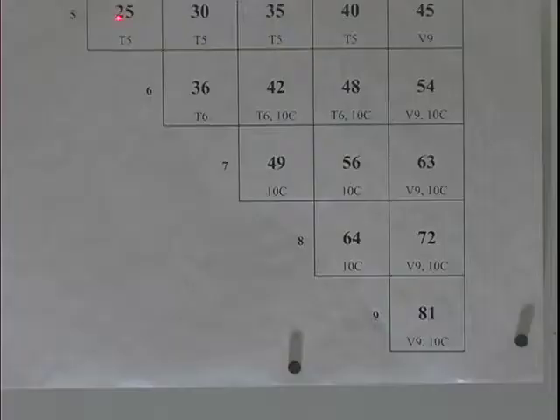Now we have completed the 5s and the 6s and the 9s. So the triangular area at the bottom will show that. These are all the 5s. We're going to start here with all the 6s, and we have tens complement shown there.